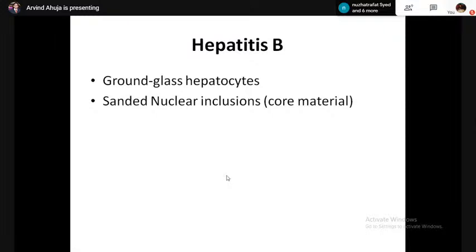Now, for hepatitis B, the tools which can help you reach a diagnosis are that it usually shows ground glass hepatocytes, and you can also sometimes find sanded nuclear inclusions, which are basically core material. Ground glass hepatocytes are basically endoplasmic reticulum filled with hepatitis B surface antigen.